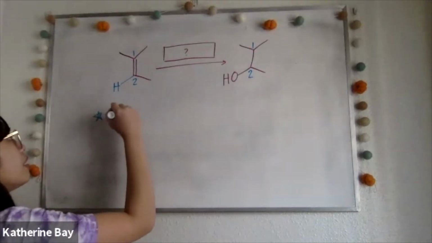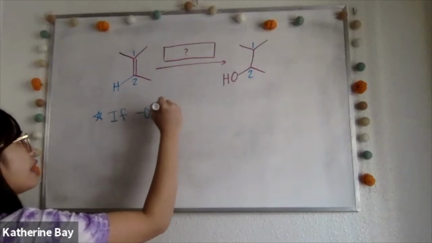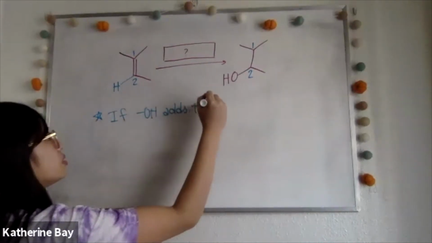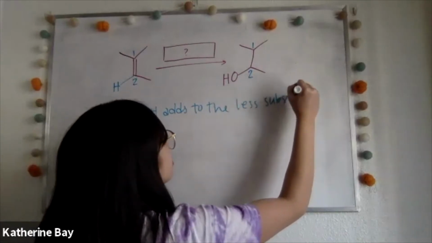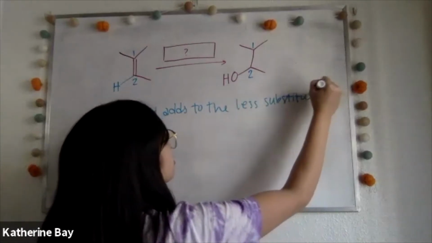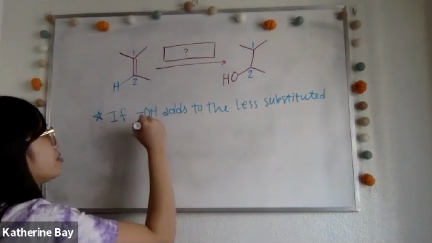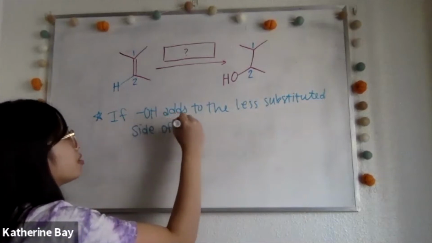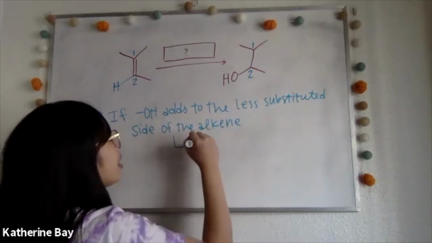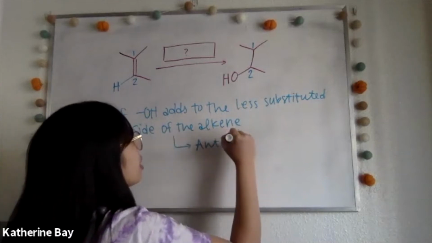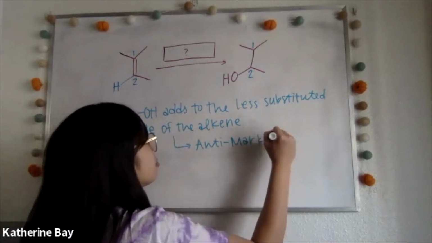So if OH adds to the less substituted side of the alkene, that means this is following anti-Markovnikov's rule.